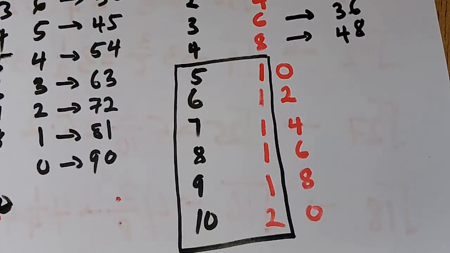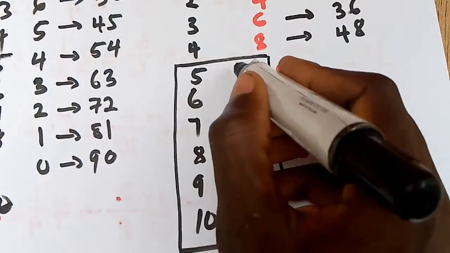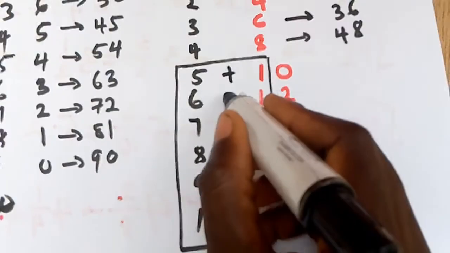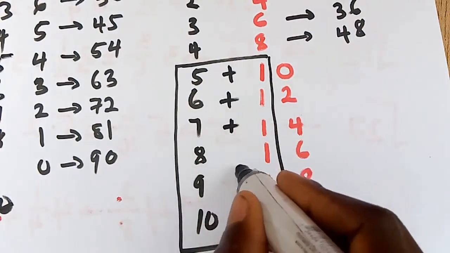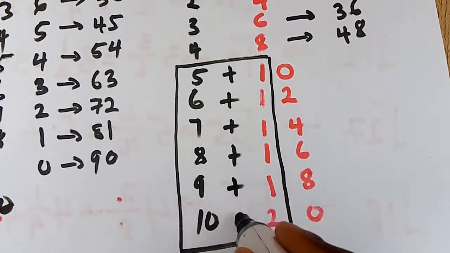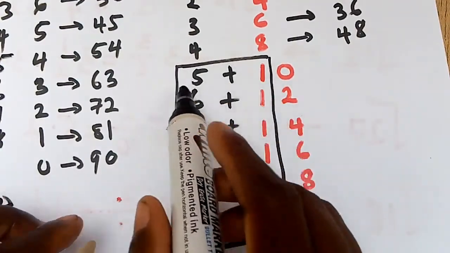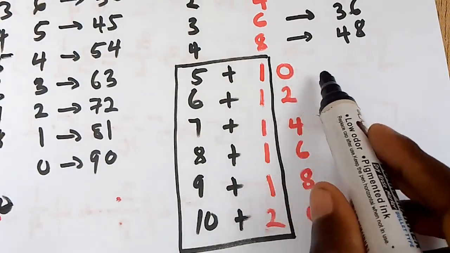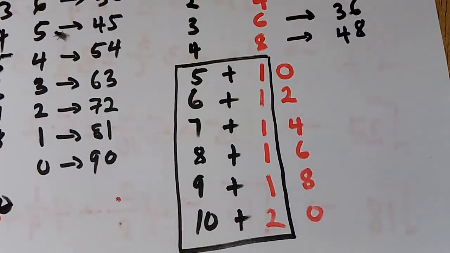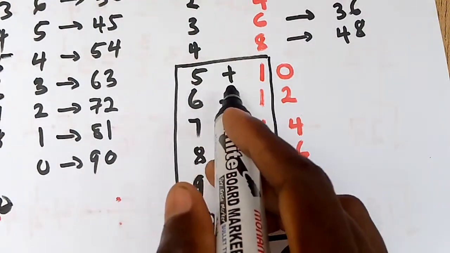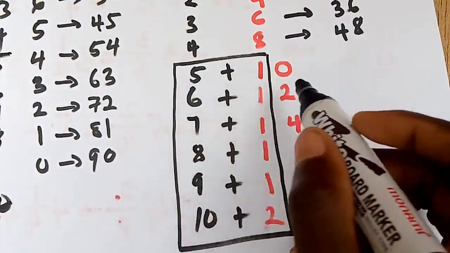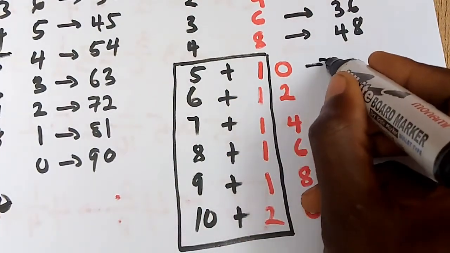And what I need to do is that in the box here, plus, just add the numbers. After adding everything, you just add the number which is to the right to the result that we have here. So 5 plus 1 is 6.